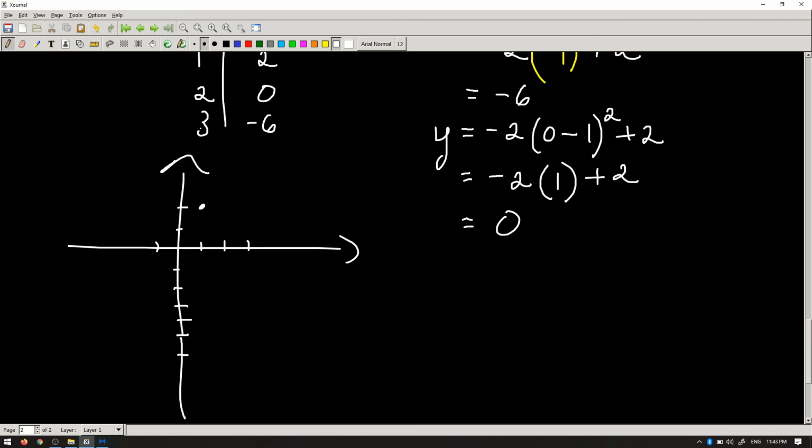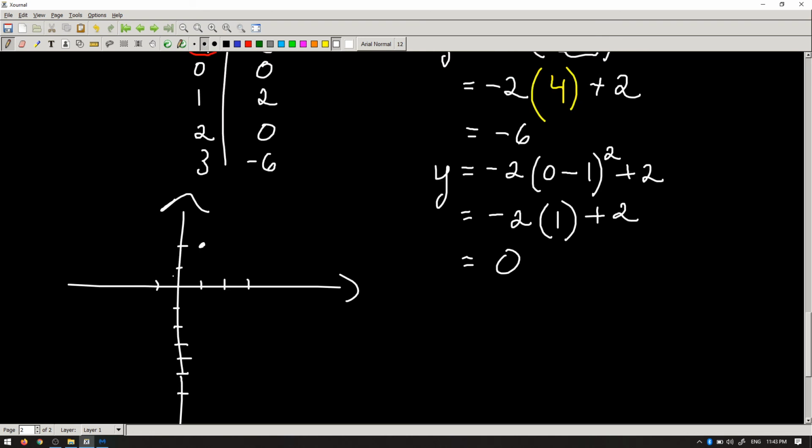And my other points are at 0, 0, 2, 0, negative 1, negative 6, and at 3, negative 6. And so if I connect the dots, guess what? I get a parabola, but it's actually open upside down.